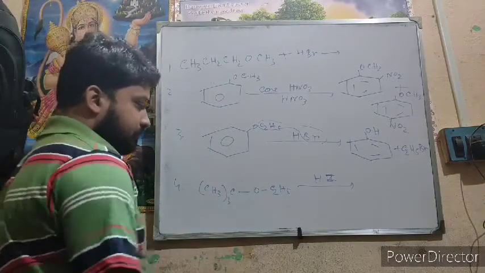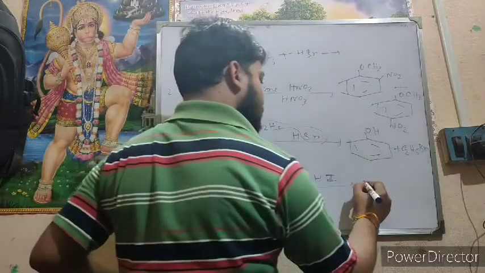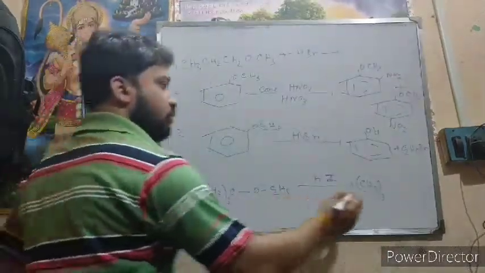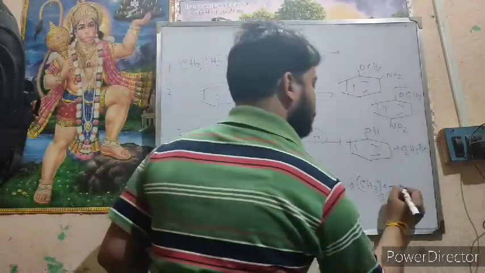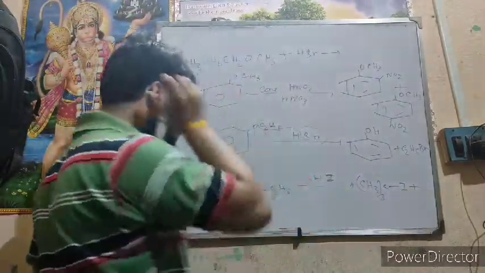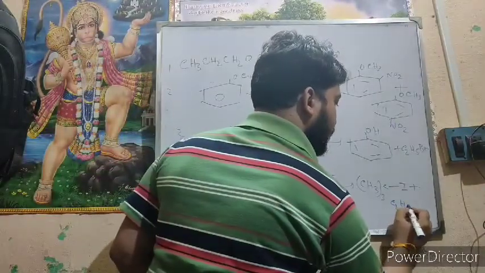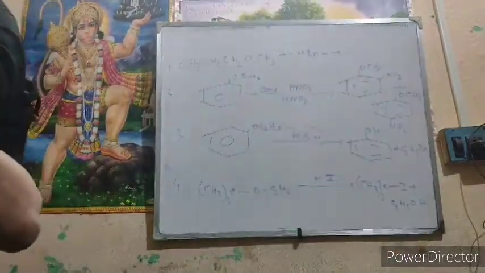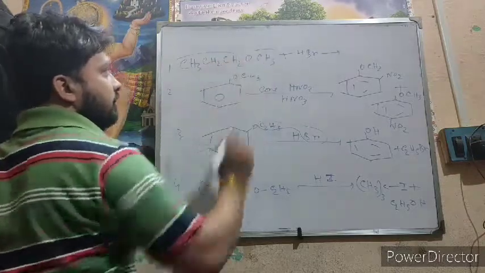Now here, I is joined here. So the product is (CH3)3C-I, and finally C2H5OH. This is the second product. And here, this is the long chain and this is the short chain.